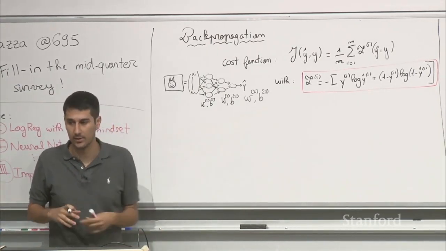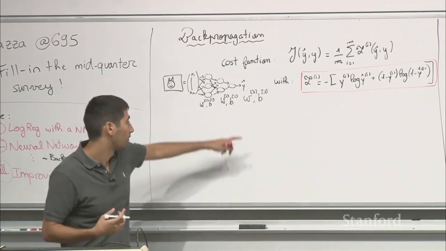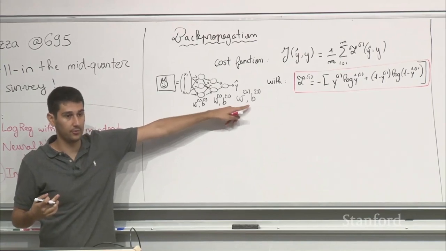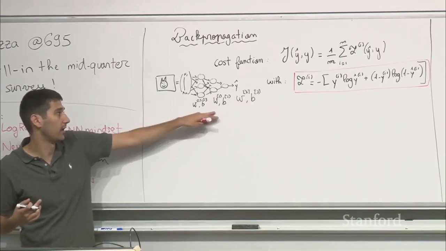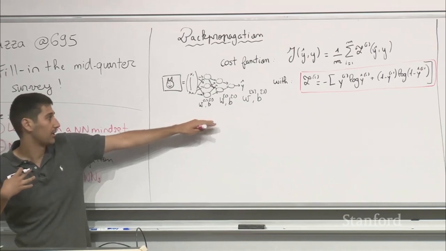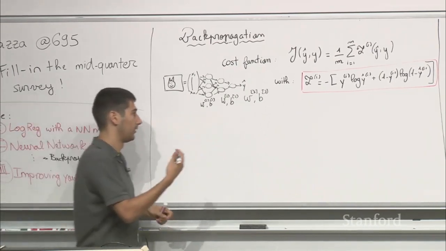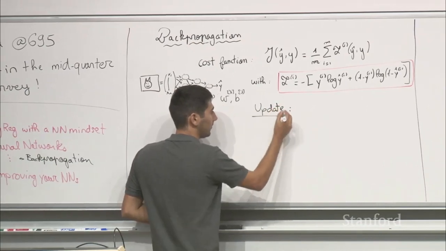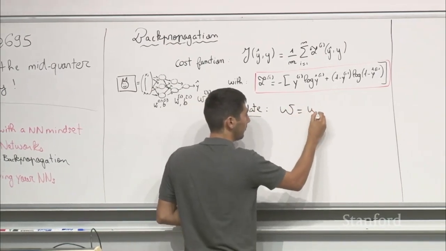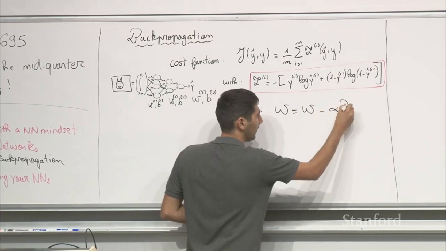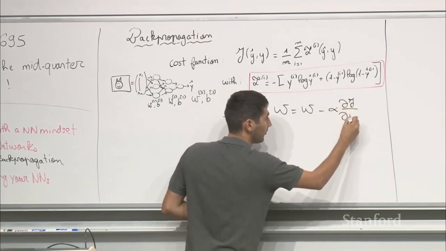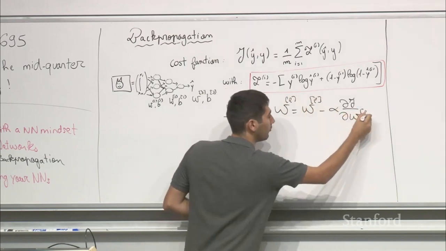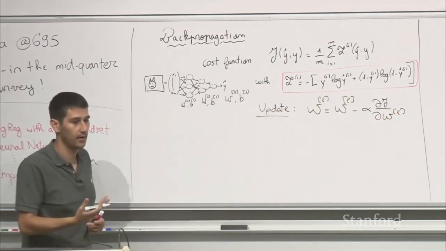One thing we noticed is that because we want to make good use of the chain rule, we're going to start by computing the derivative for W3 and b3, and then come back and do W2 and b2, and then back again, W1 and b1, in order to use our formulas for the update of the gradient descent, where W would be equal to W minus alpha times the derivative of the cost with respect to W. And this for any layer l between 1 and 3. Same for b.